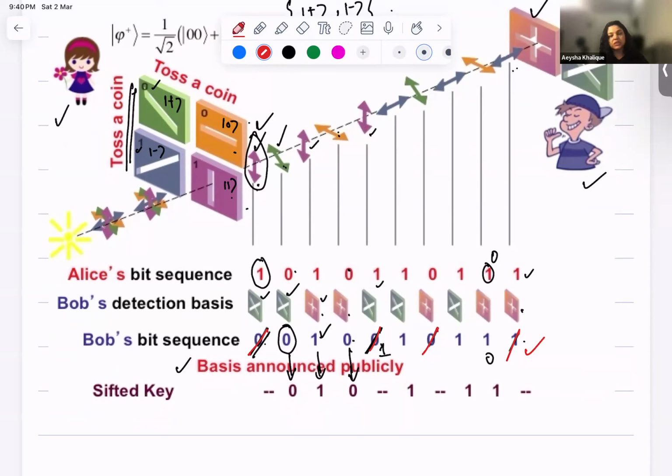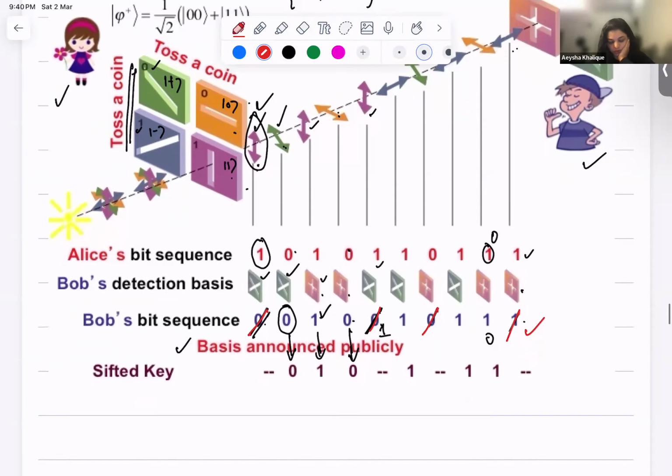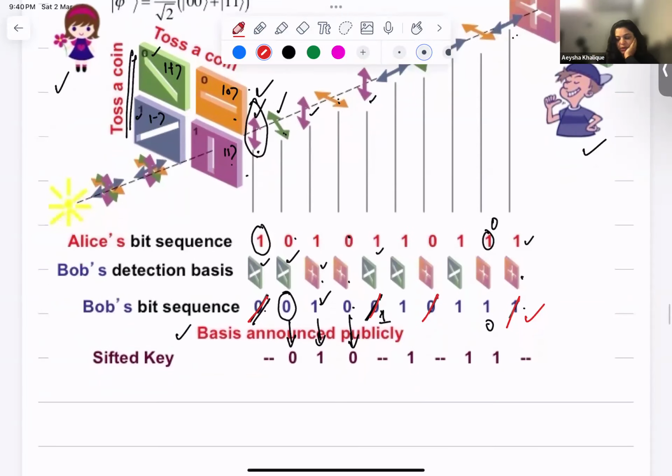But when they haven't used the same basis, there is a 50% chance that their bit values will match. So although their bit values may be the same in the cases where they have used different bases, they do not know in which one, right? So they discard all the cases where their bases do not match. So they will be left with a bit sequence, which is this.